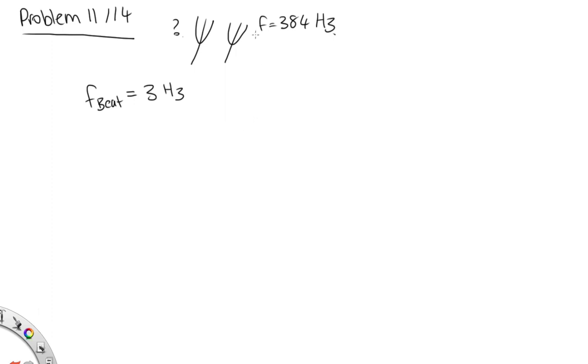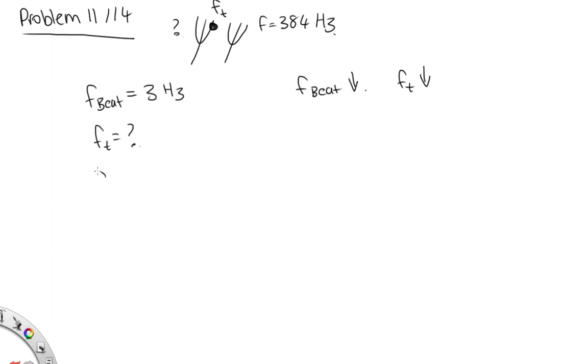And we're told then we put a lump of plasticine on this one, and then the beat frequency decreases, and the frequency of this tuning fork, let's call that frequency FT for tuning fork, also decreases when we put the lump of plasticine on it. And we're asked, what is the frequency of this tuning fork equal to?